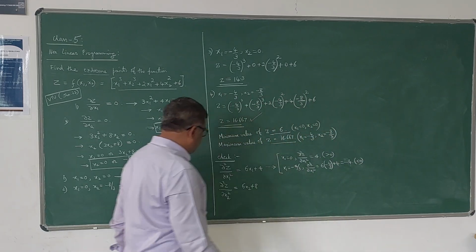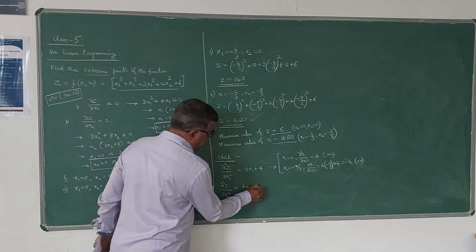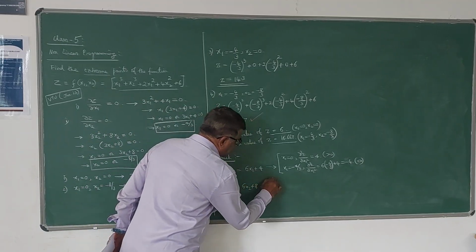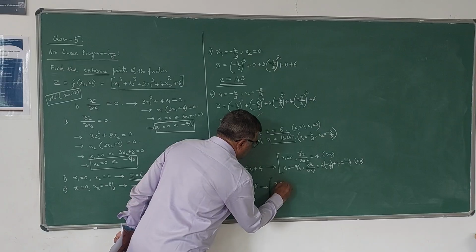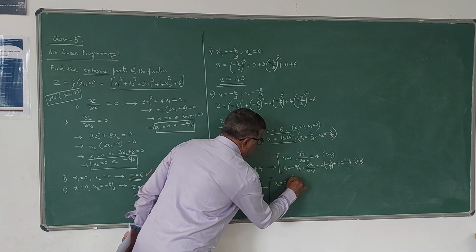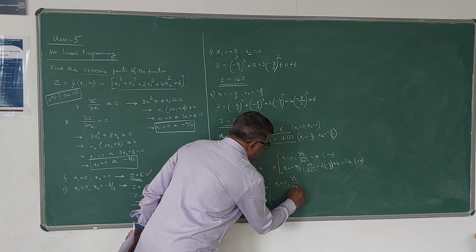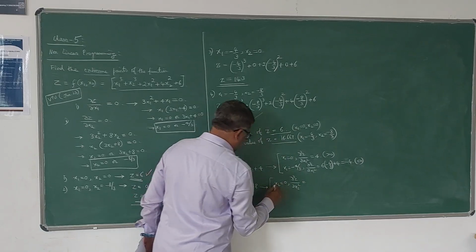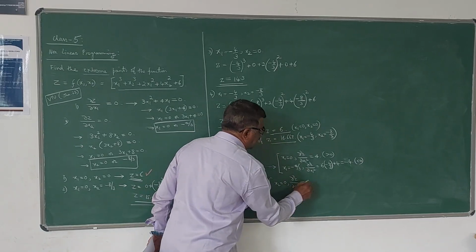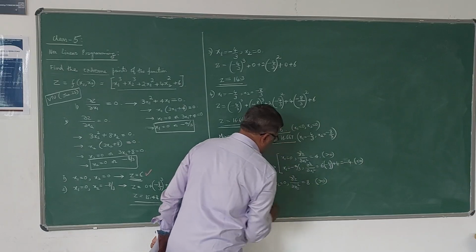Now on the same lines, if you calculate the second derivative with respect to x2, once again you have two values. For x2 equal to 0, dou square z by dou x2 square will be 8. Once again it is positive, greater than 0.